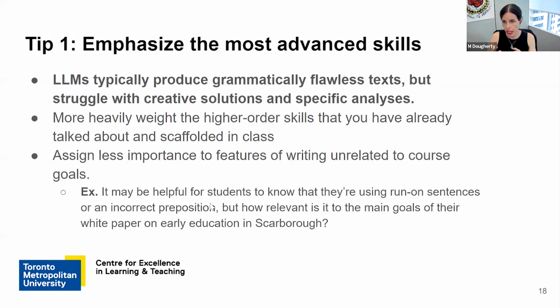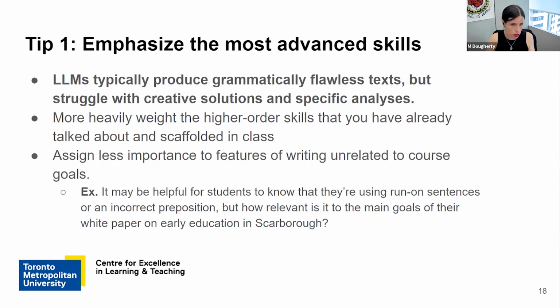So the first way of doing that is to look through your rubrics and look through your assignments and think about what the most advanced skills are. So to think back to the concept of helping students become experts, what are the skills that you've been spending class time on, you've been scaffolding their development in, you've been talking to them about the importance of? Those are the skills you can emphasize in your rubrics.